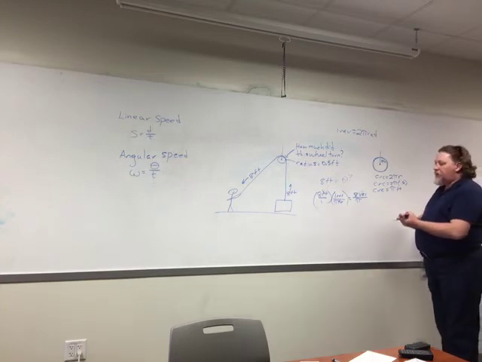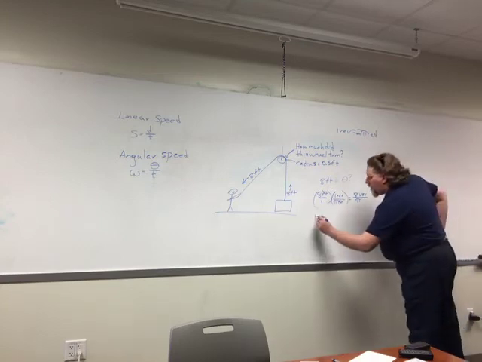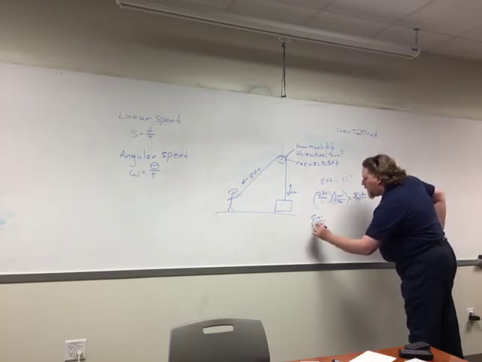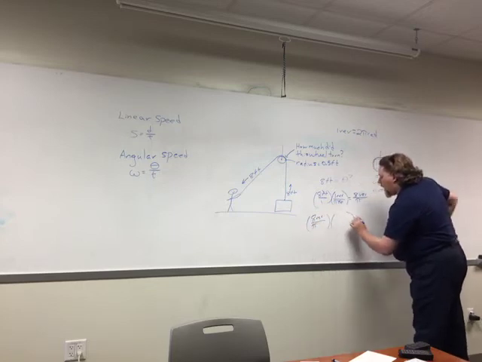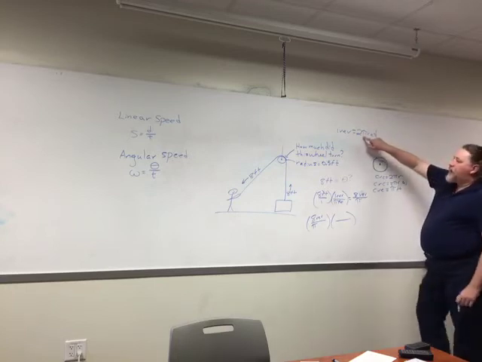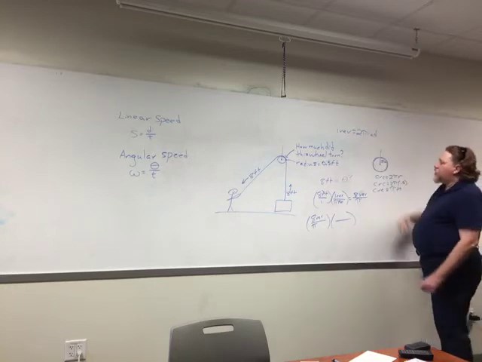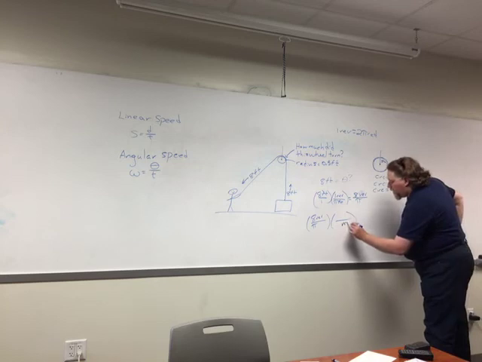Now what if you want that in radians? No problem. We have 8 revolutions over pi. And I know right here, 2 pi radians is a revolution. So I'm going to put revolutions on bottom.